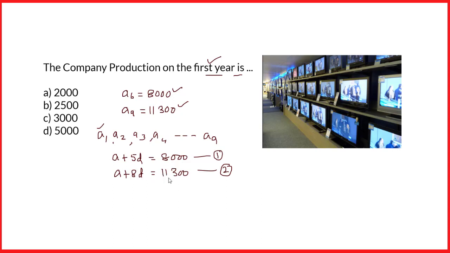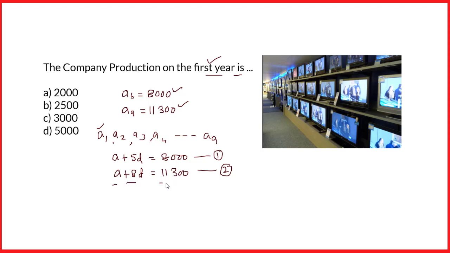Now we will solve equations 1 and 2. Subtracting equation 2 from equation 1, what will happen? A will get cancelled, and we get 5D minus 8D equal to 8,000 minus 11,300.